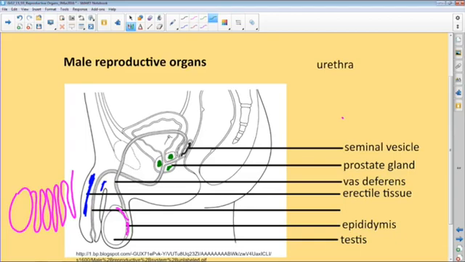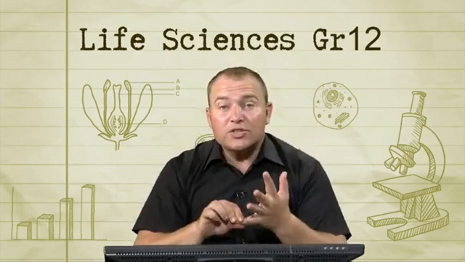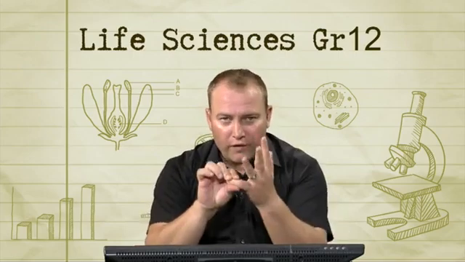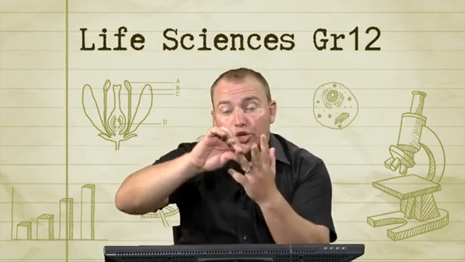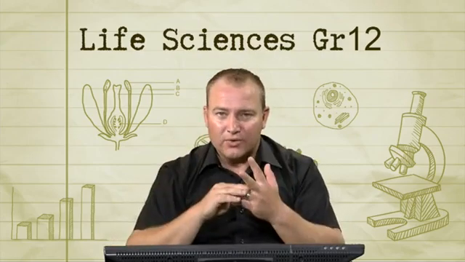Now, there's another one called the corpus gland or the cowpus gland, right? Now, those glands work together. And all 3 of those glands together, they do the following. They give the sperm food. Next one, it lubricates the urethra so the sperm can go through it nice and easily, right? And then another thing, it's alkaline.